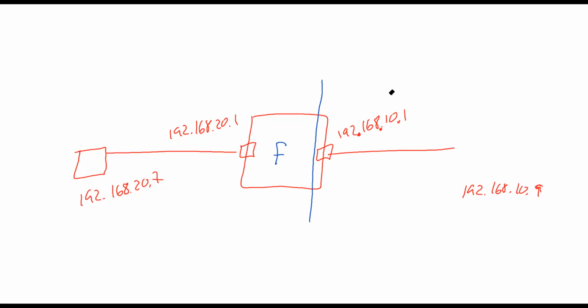Here we're going to say that this is the less trusted, so this just represents the web, the insecure internet. This, on the other hand, would be the more secure, so it represents the inside network.